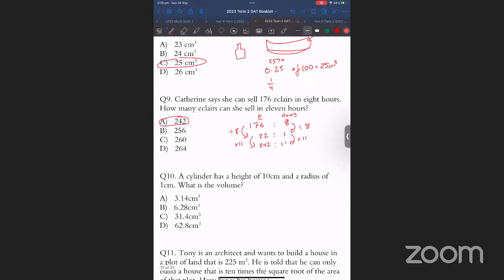A cylinder has a height of 10 centimeters and a radius of 1 centimeter. What's the volume? Again, similar to the question we did before, we have a circle at the top with a radius of 1 centimeter. Remember, the area of a circle is pi multiplied by r squared.